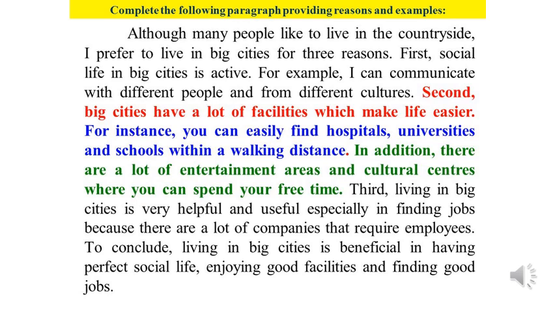You see here first, then second, for instance, in addition, third, to conclude. These are transitions. These transitions are like traffic lights. They connect your ideas. So try to use them wisely in order to explain your ideas logically and smoothly.